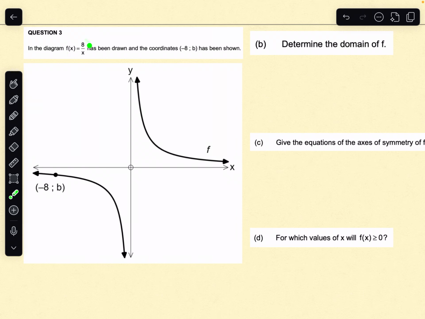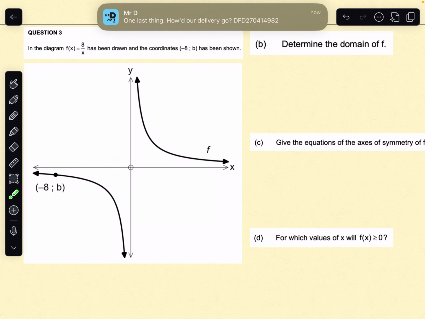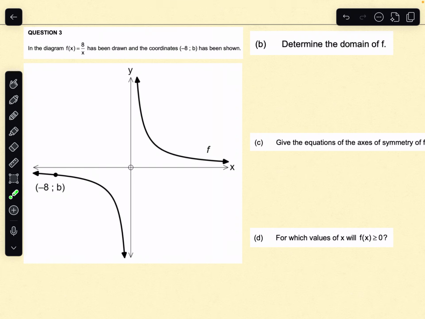We can also look at the function itself to say, well, what's happening? This is a function where we take 8 and we divide it by whatever input value, whatever x value. And if we try to divide by 0, our function is going to break, because we know that in mathematics, division by 0 is undefined.